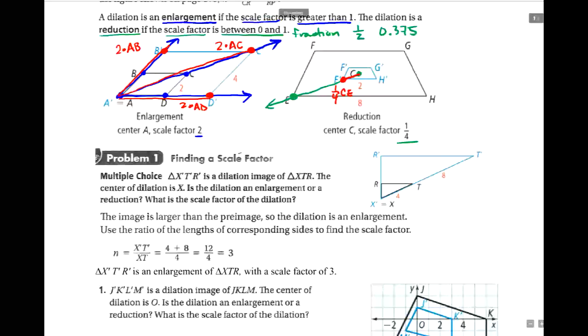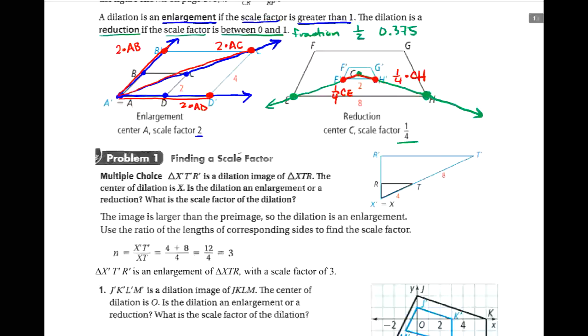Okay, we can do it one more time here. Let's do H. We draw a ray, CH. And then we have our pre-image H, and we measure the distance from C to H, and then we multiply that by 1/4 of CH, and we measure that distance and we get H prime.